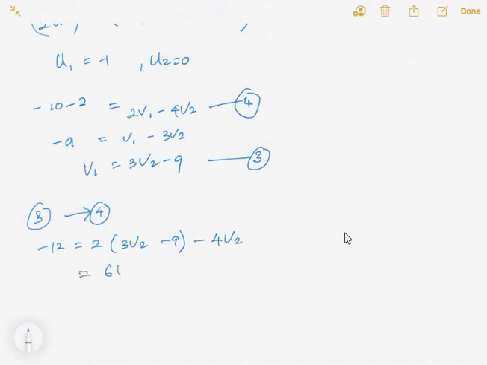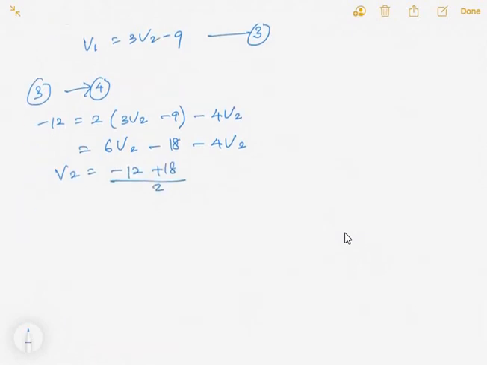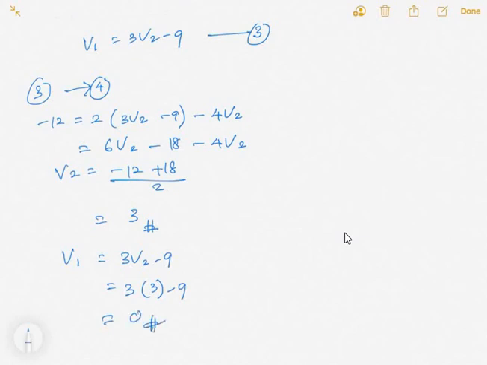So this is equal to 6v2 minus 18 minus 4v2. Again, v2 is equal to negative 12 plus 18 divided by 2, so you get 3. Then v1 is equal to 3v2 minus 9, then you substitute the value of 3, you get 0. So from here you know that v1 equal to 0, v2 equal to 3.